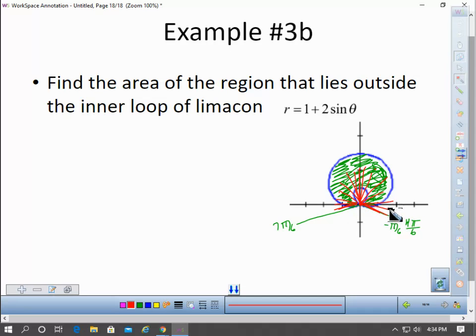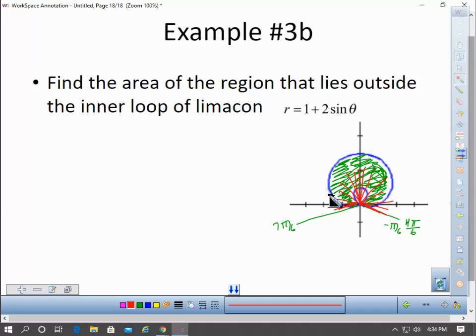Now, if I went all the way from 0 to 2 pi, all the way around, it's going to map on top of this inner loop twice. It's mapping out the big area first, and then when you go from 7 pi over 6 to 11 pi over 6, it comes back and maps in the loop. So going from 0 to 2 pi goes over that loop twice.